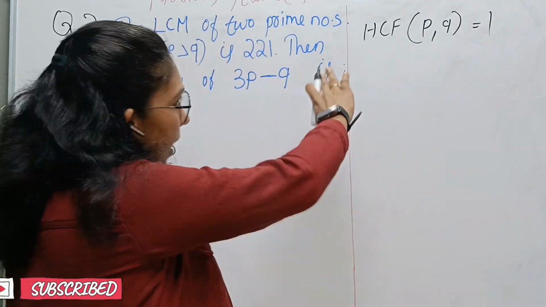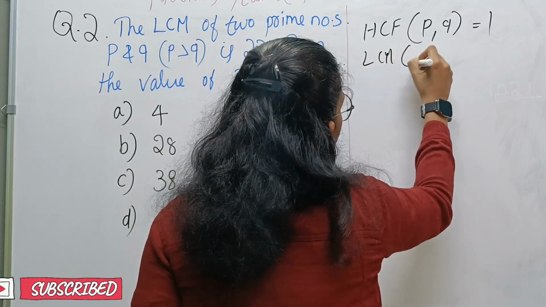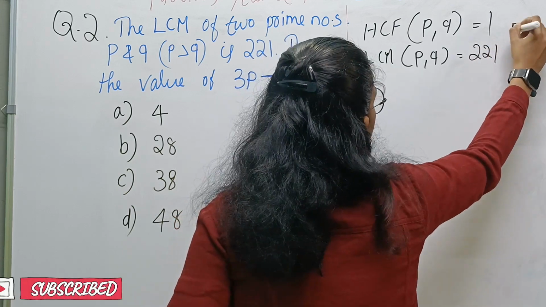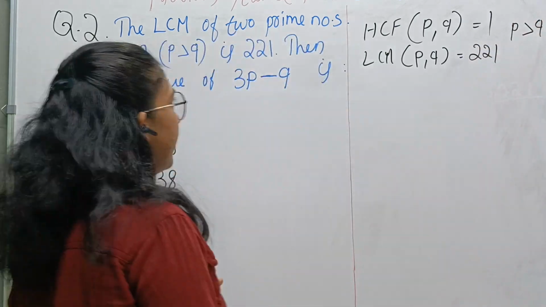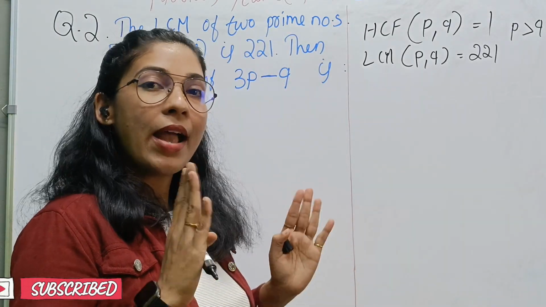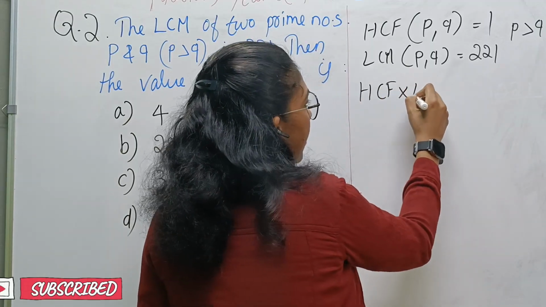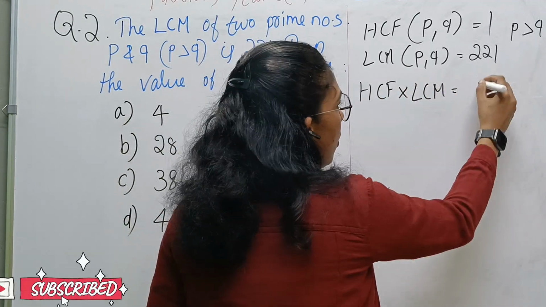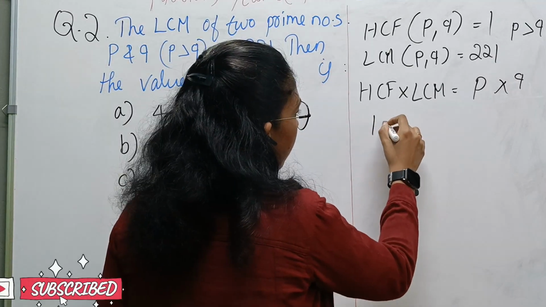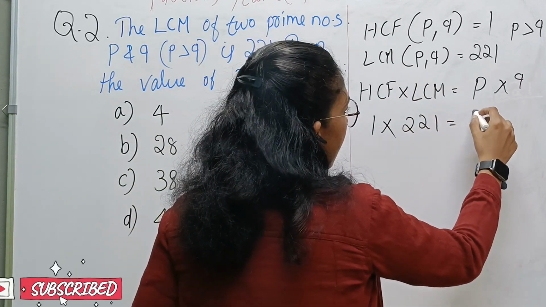So the HCF of the two numbers P, Q is 1, and the LCM of the two numbers is 221, given that P is greater than Q. There is a relationship between LCM, HCF and the product of two numbers. The product of HCF and LCM is equal to the product of the two numbers. So HCF is 1, LCM is 221, and the two numbers are P into Q.